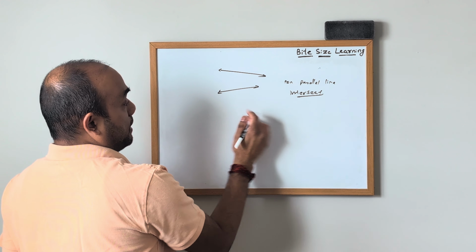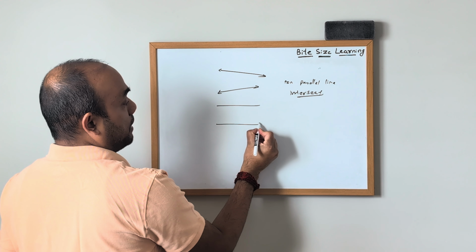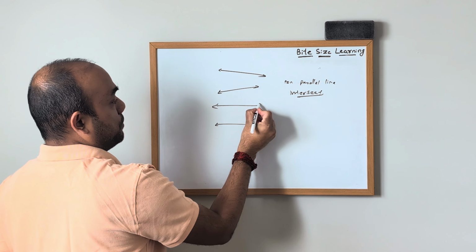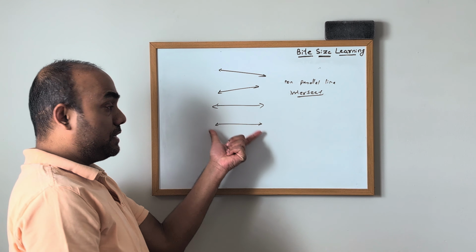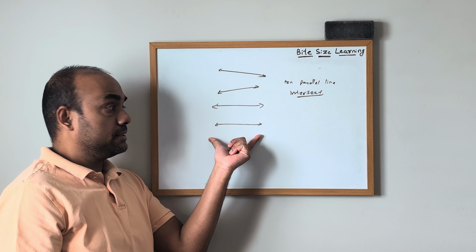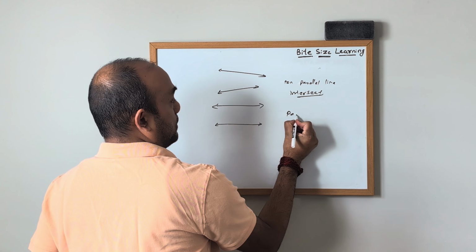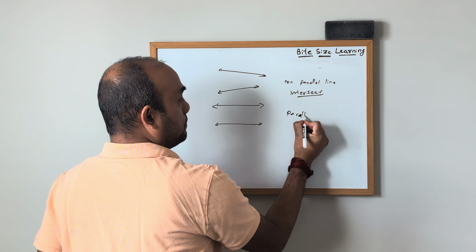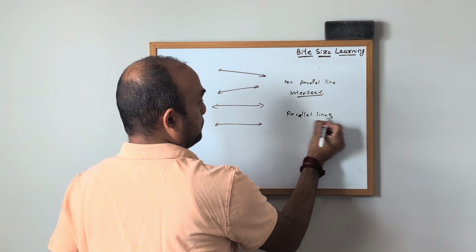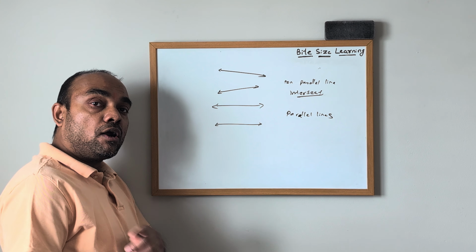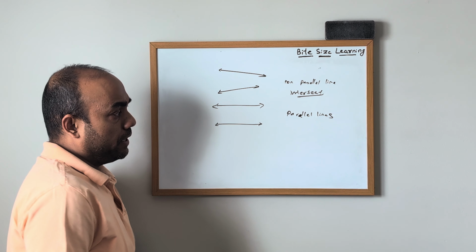Now let's say there are two lines which are running with equal distance to each other. These kinds of lines are called parallel lines, meaning these lines will not intersect each other, right?